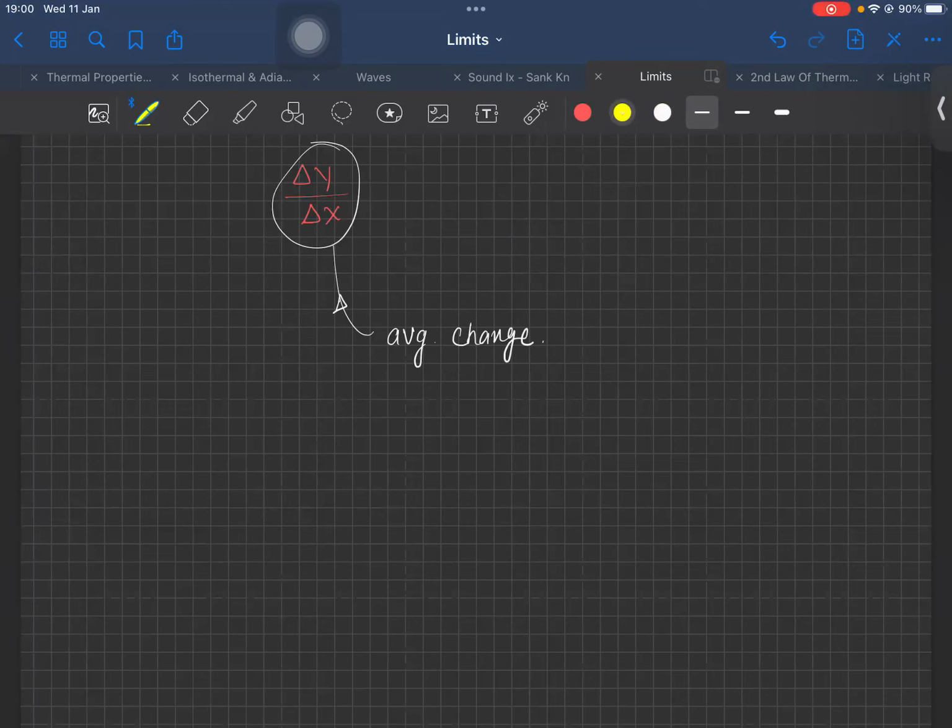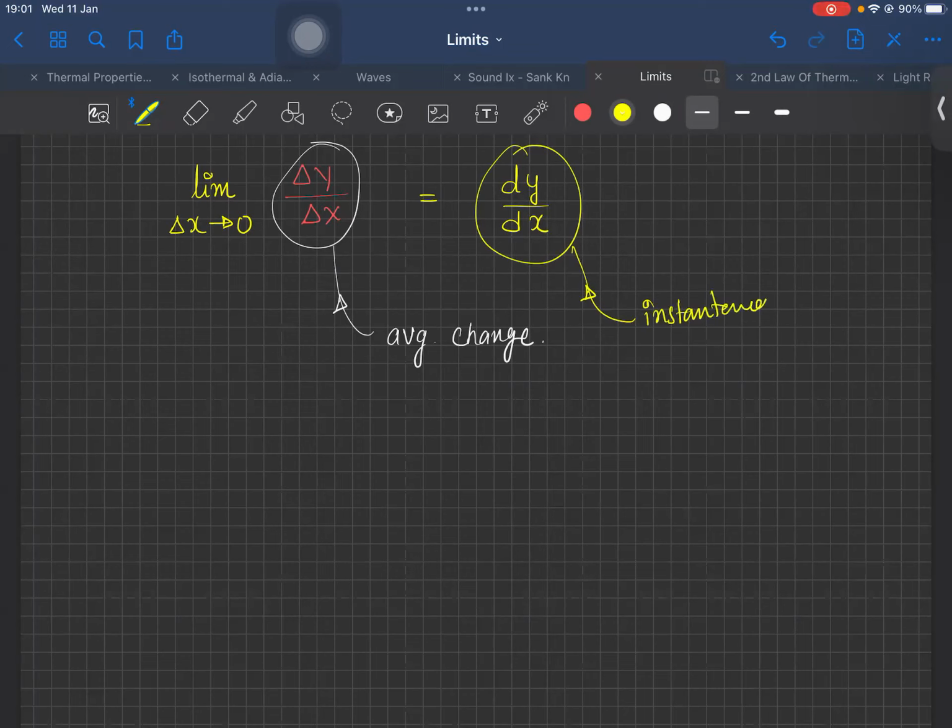We calculate it by putting the limit of delta x, the change in the variable, approaching 0. This is equal to your instantaneous change. So it will become dy upon dx. This is your instantaneous change, or slope.